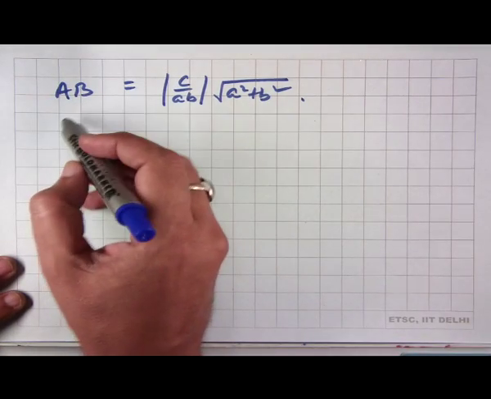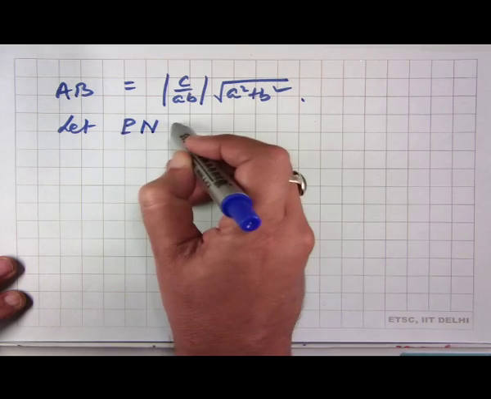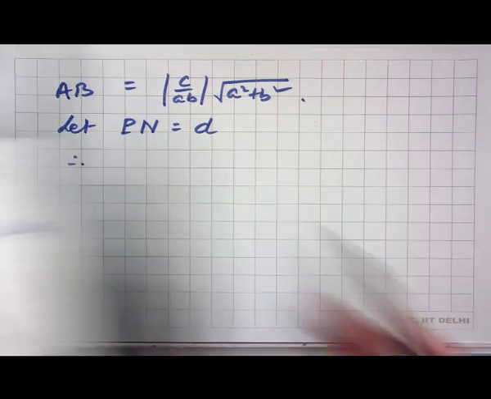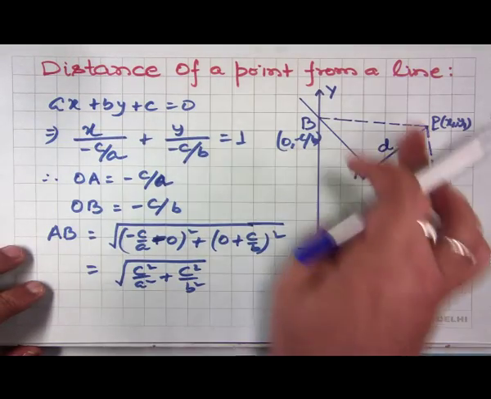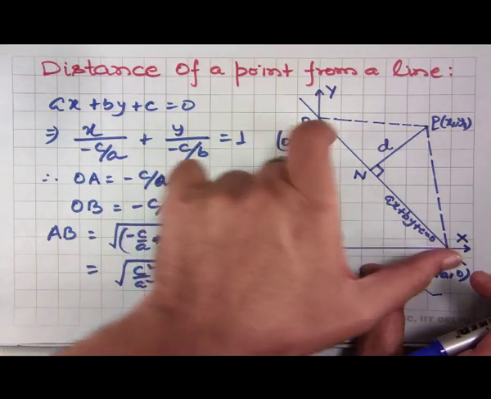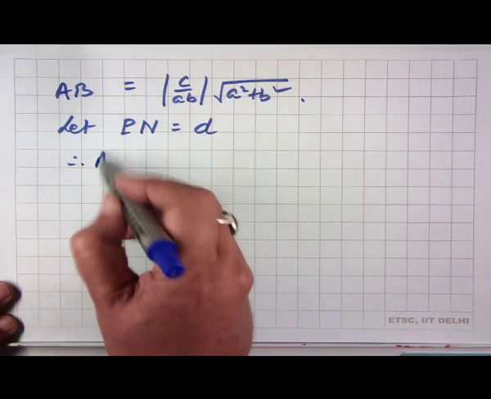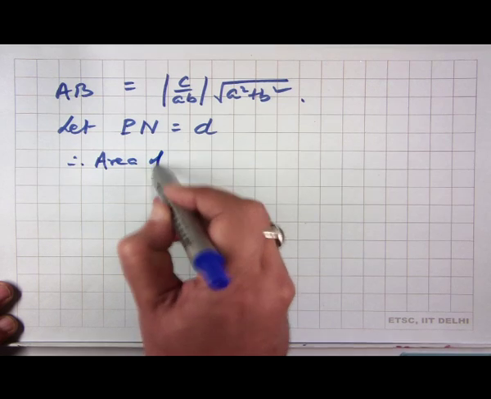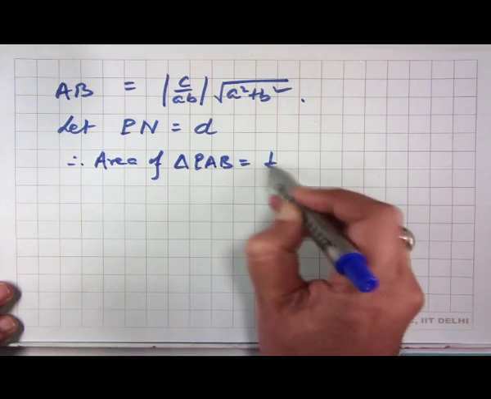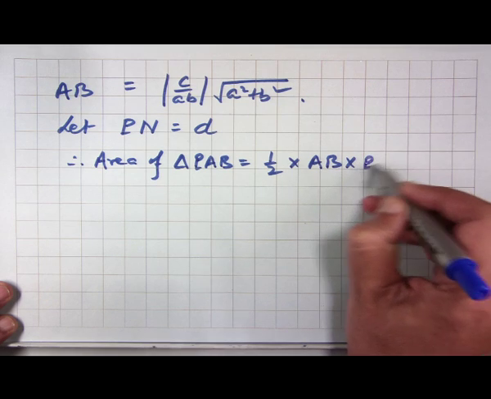So the area of triangle PAB is equal to half into AB into PN.